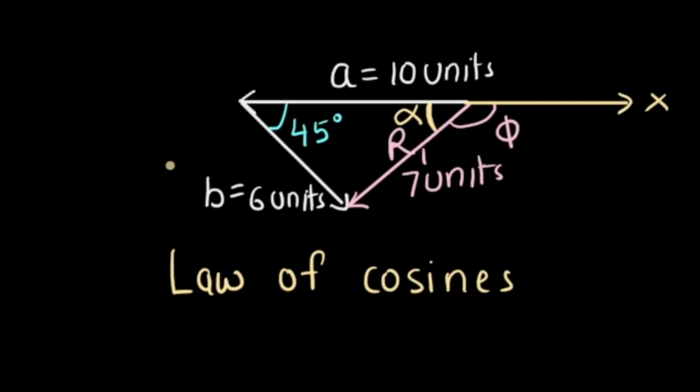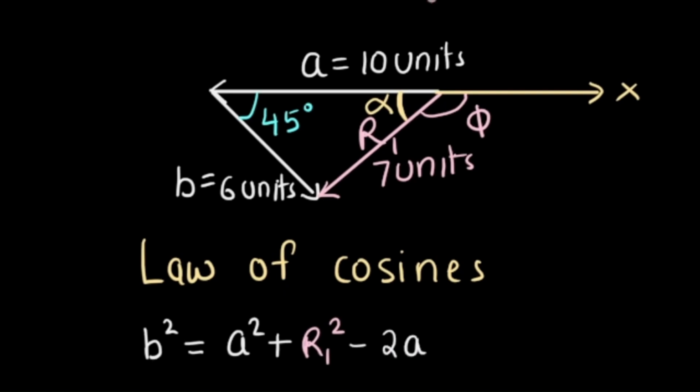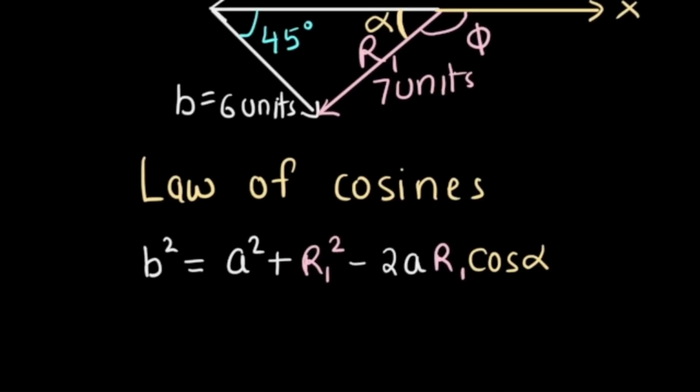Let's go ahead and do that. So law of cosines says that b squared equals a squared plus r1 squared minus 2 a r1 cosine alpha. Here, we're interested in finding the value of this alpha, and alpha is a part of this cosine. So we want to isolate this cosine alpha. How do we do that?